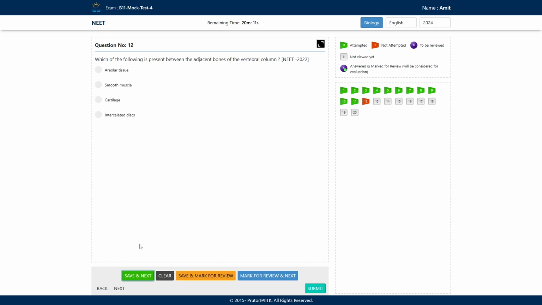Which of the following is present between the adjacent bones of the vertebral column? This question came in NEET. Which of the following is present between the adjacent bones of the vertebral column? Right? Just adjacent bones. Areolar tissue, smooth muscles, cartilage, and intercalated disc.